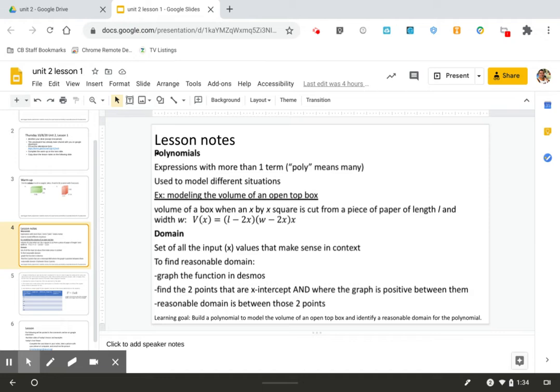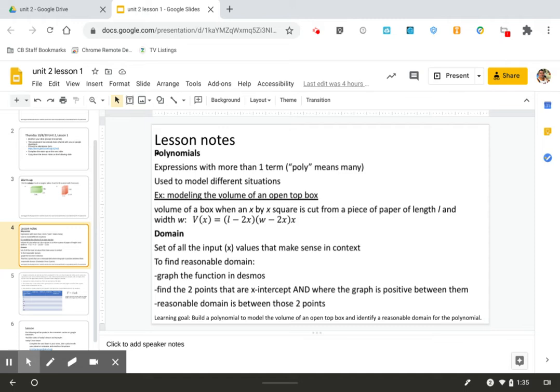Polynomials are used to model different everyday mathematical situations. One of the ones that we're going to look at today in the examples is modeling the volume of an open top box. This is a box in which you take a piece of paper or cardboard and you cut out a square of the same size from each of the four corners.